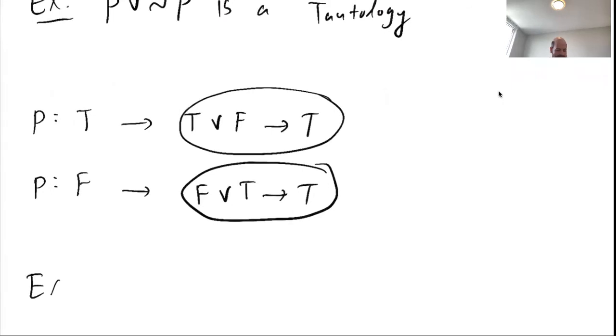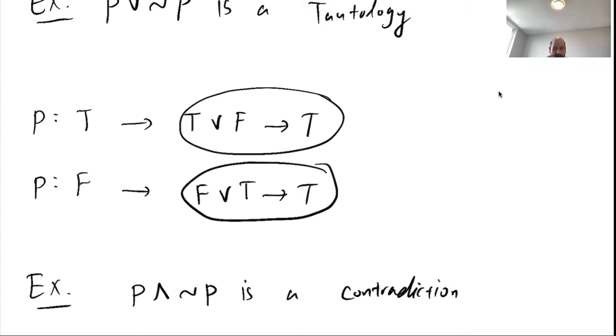And what about an example of a contradiction? Let's say P conjunction negation P is a contradiction. Because again, you can think of "it's raining and it's not raining." This has to be always false.